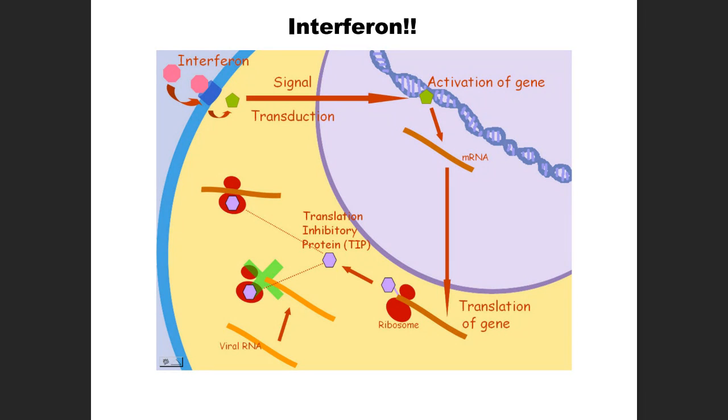Now, the chemical doesn't save the cell that's making it, but it might be able to help the surrounding cells, the neighboring cells, so that if they're ever infected with that same virus, they can protect themselves. And for certain viral infections, interferon can be given in IV fluids and injection. For example, hepatitis B, you can treat that with interferon, or hepatitis C infections, and there's other viral infections that can possibly be treated with interferon.